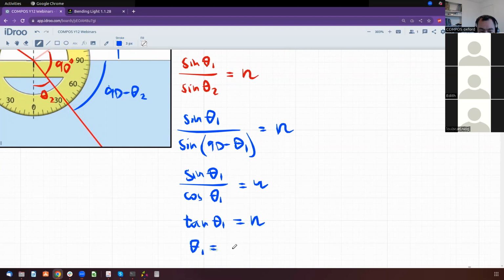Theta 1 is arctan of n, which is arctan 1.5, which is approximately 56 degrees, I think. Arctan 1.5 gives 56.3 degrees.